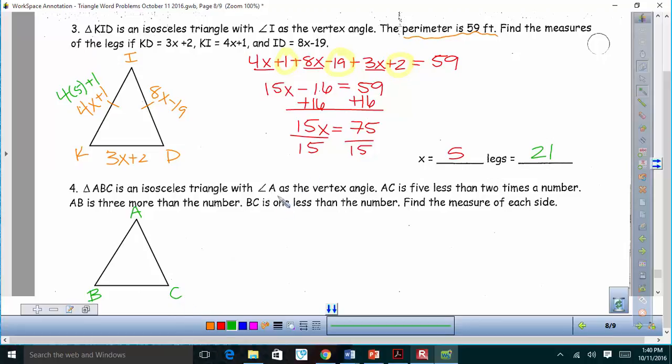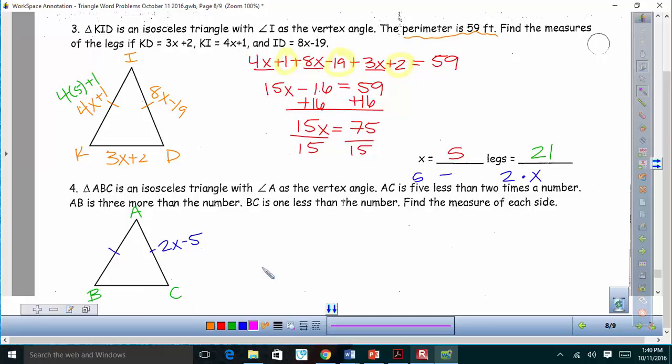It tells me that AC is 5 less than 2 times a number. So 5 less than 2 times a number would be written as what? 2x minus 5. So this is 2x minus 5.